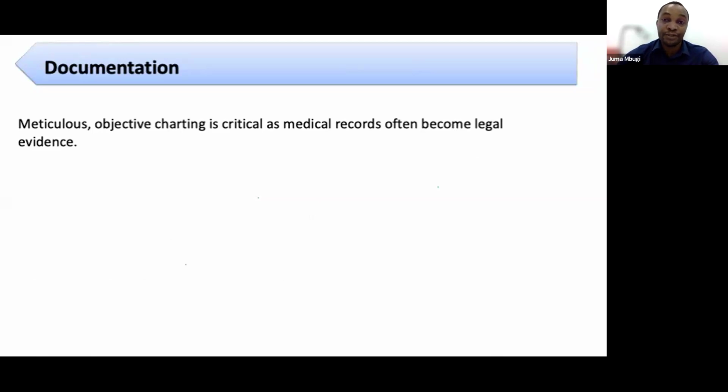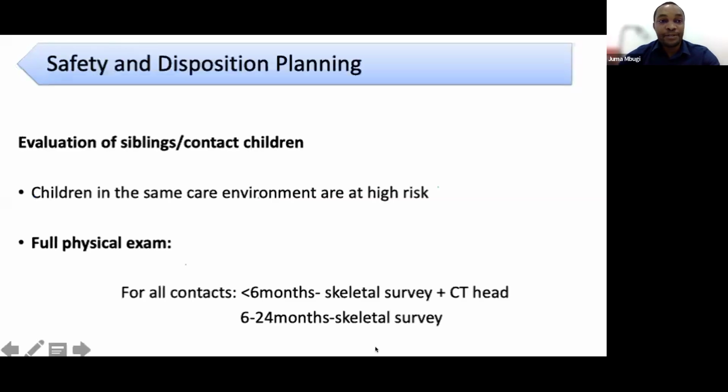So if you don't document well, either the perpetrator will walk away with it, or the child's life will be at stake. So make sure you document thoroughly each and every stage of your history taking, physical exam, and investigations as well.